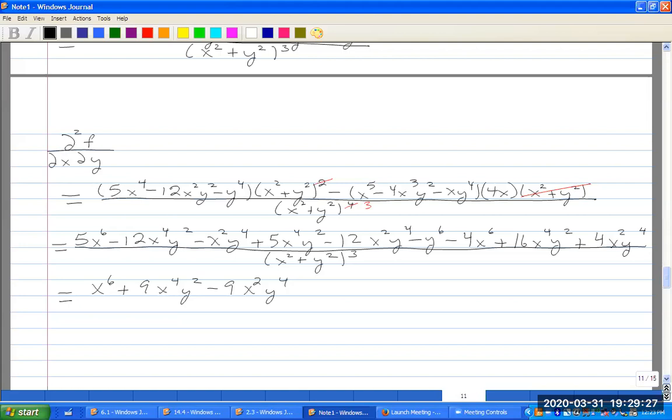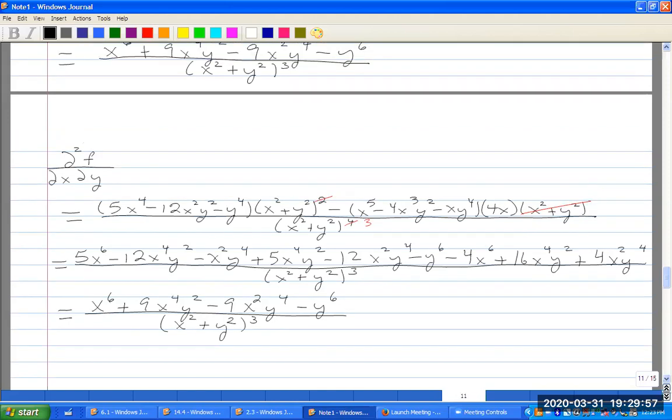So 4, 2, and 2, 4. So y^6. All the other ones are gone. Divided by (x^2 + y^2) cubed. Okay.